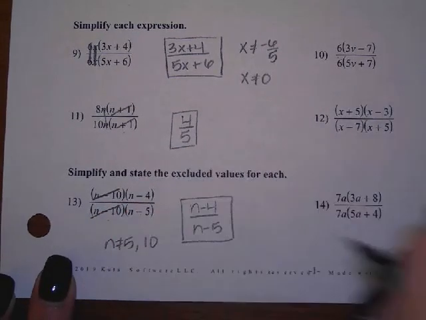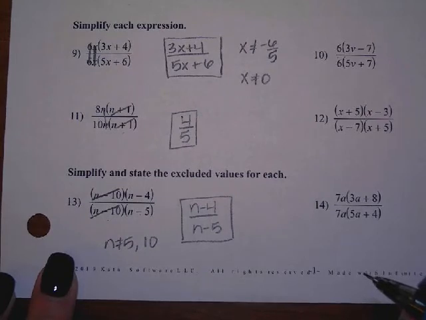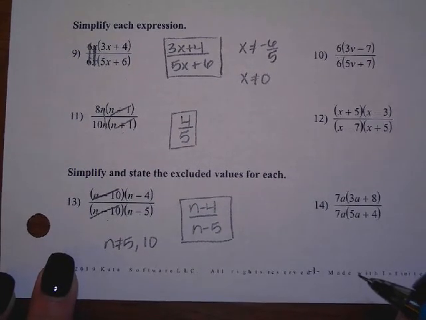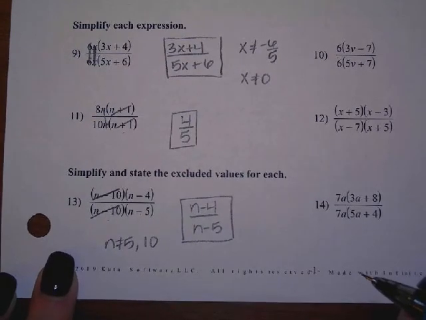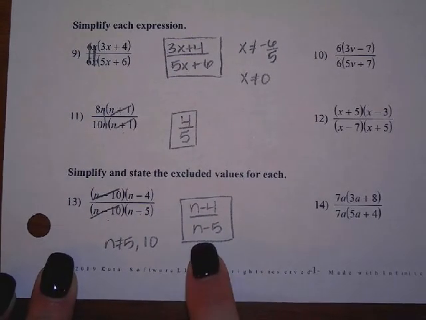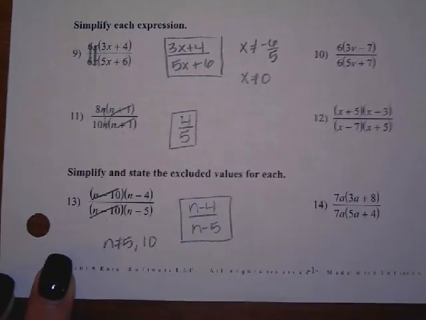How could I check the excluded values if I wanted to make sure I got them right? You could graph it, try to plug them in. Okay? When you check the excluded values to see if you're right, do you graph this problem or do you graph this problem? The first one. You graph the original problem. Okay. Let's go ahead and flip it over.